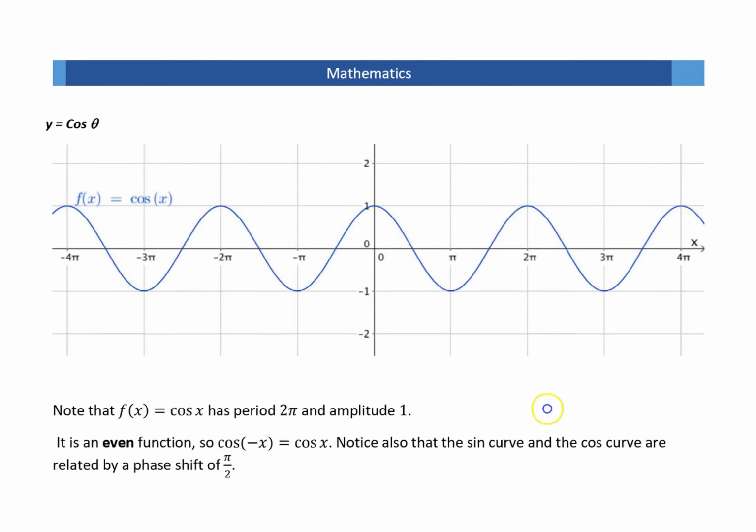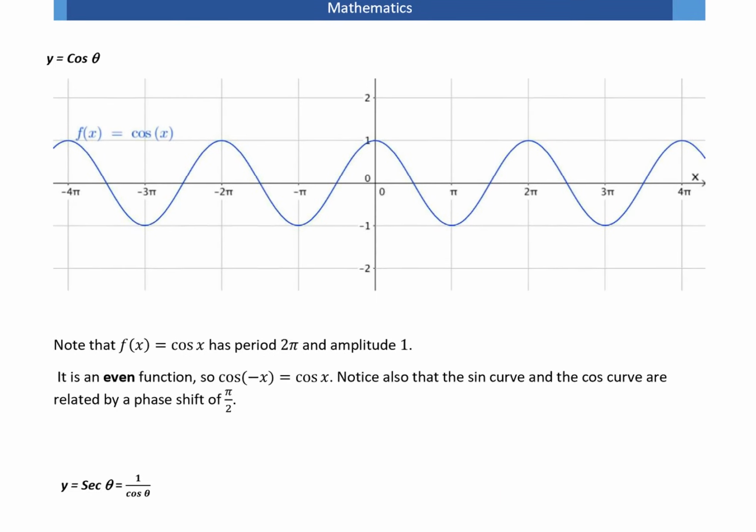Moving on to the cos graph. It's very similar in that it has period 2 pi, it has amplitude 1, but it has this concept called a phase shift. It's been moved.